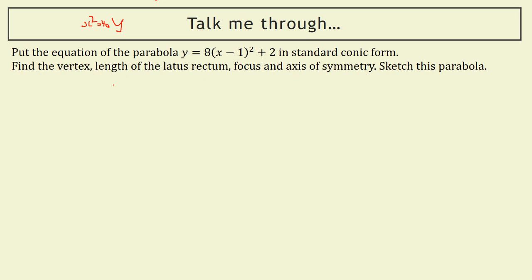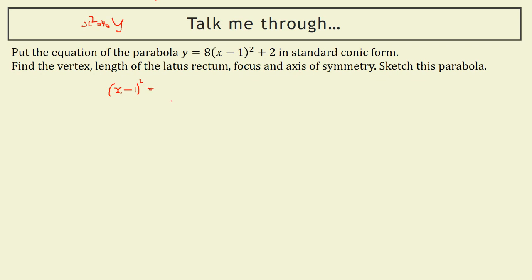Have you got the latus rectum length? No, it isn't, because it's not in the standard form. Get it in the standard form, then it's easier to sketch. What you're really trying to do is to get it so it says something involving x all squared equals something involving y.